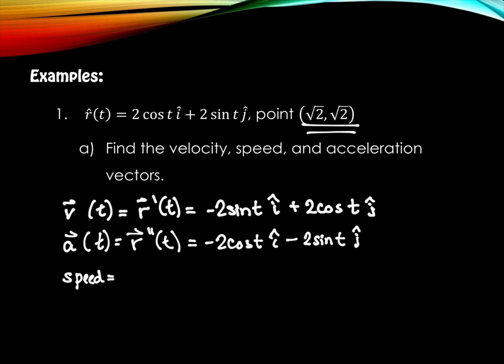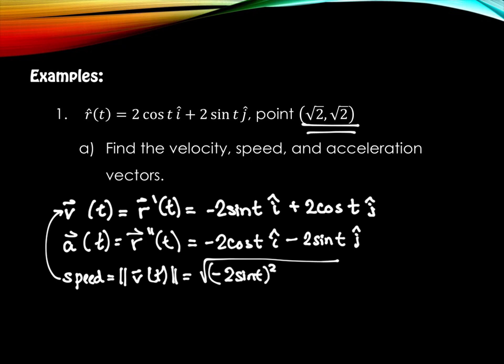To find the speed, we need to find the magnitude of velocity. Okay, so we're going back to the velocity to do this. So the magnitude of velocity. So we'll have the square root of negative 2 sine t squared plus 2 cosine t squared.